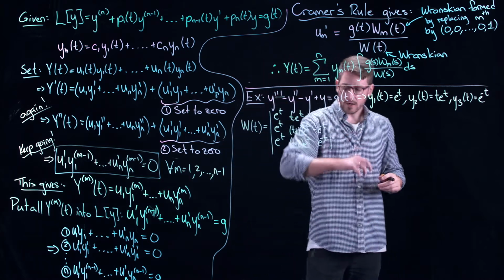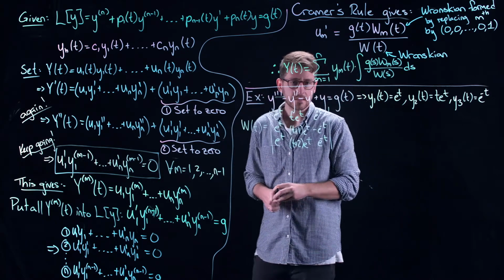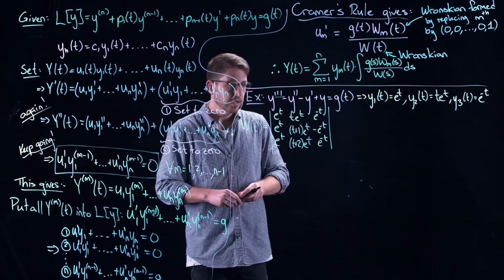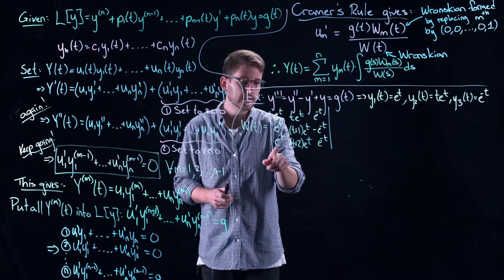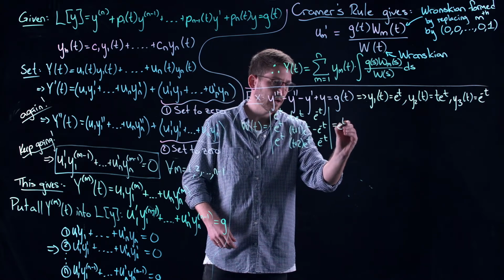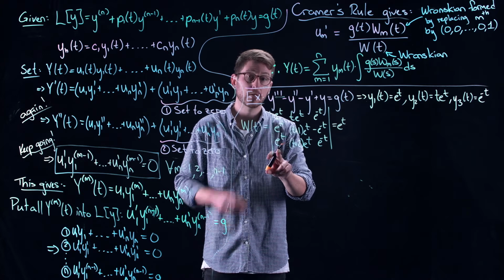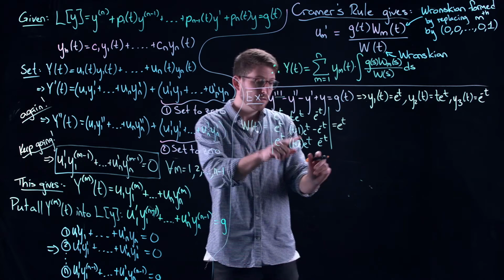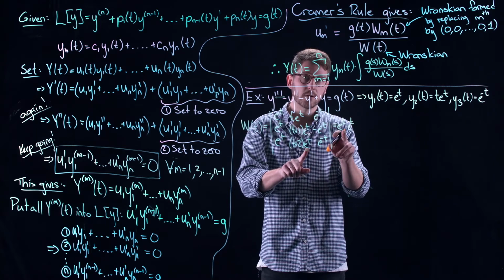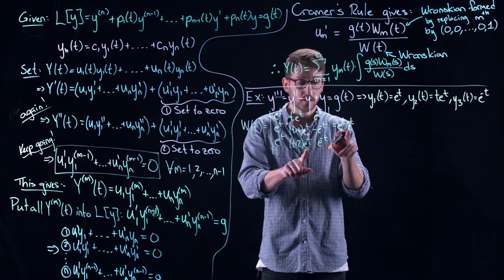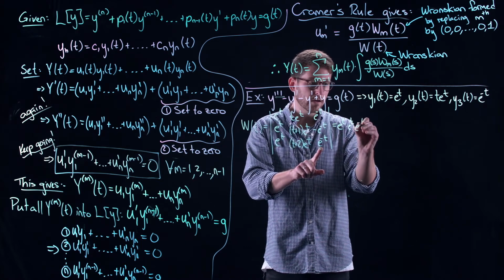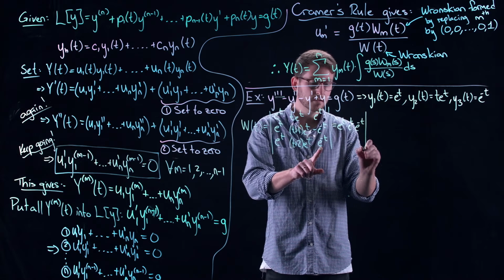Now, everything's got an e to the t in it. So I could factor out an e to the t from the first column. That means the derivative will be multiplied by e to the t once I factor it out of just the first column. Then I could factor that e to the t out of the second column. That means that the derivative after factoring will be multiplied by e to the t. Then I can factor out an e to the minus t from the third column.